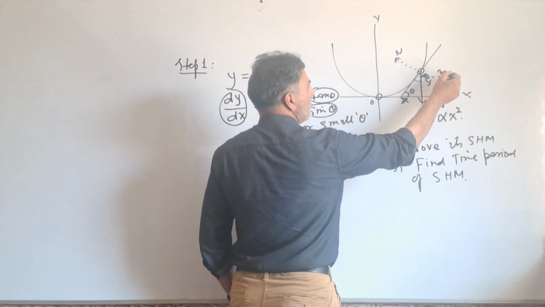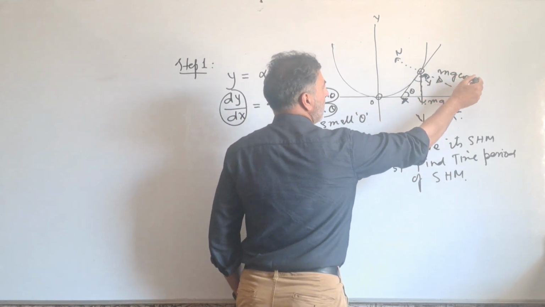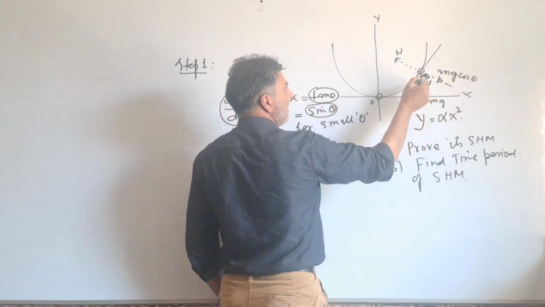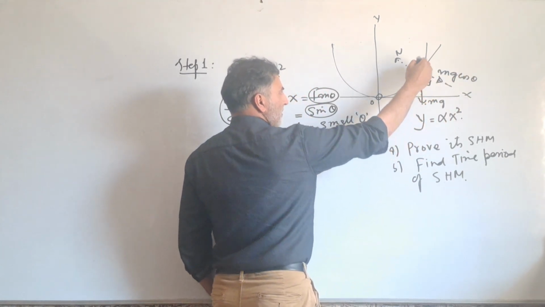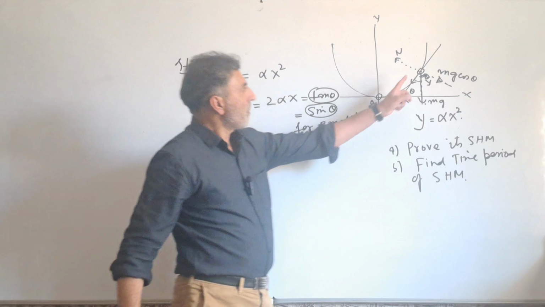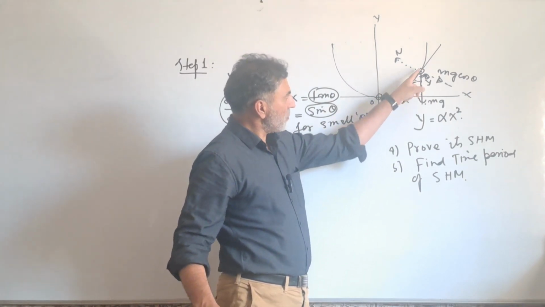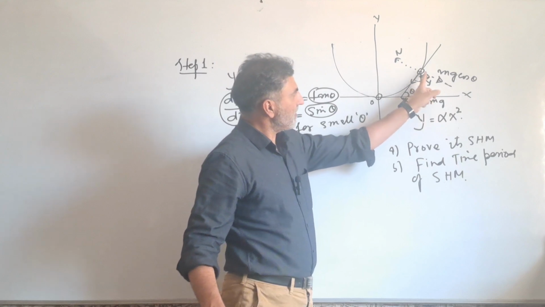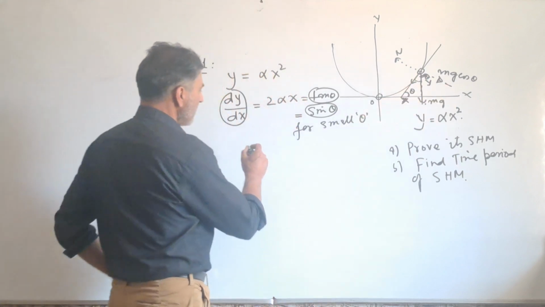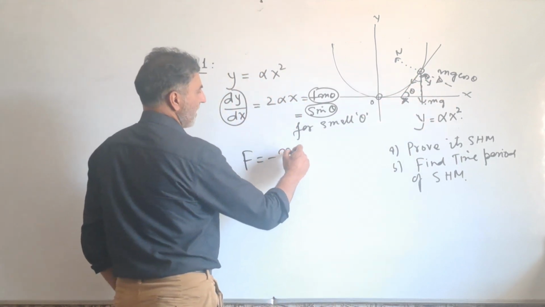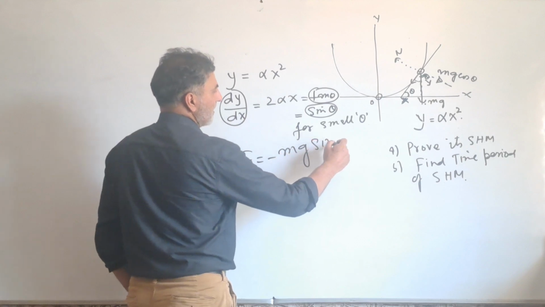Here it is mg cos theta in this direction. And what's the restoring force along the parabola or along this wire? That's the sine component. So restoring force is equal to minus mg sine of theta.